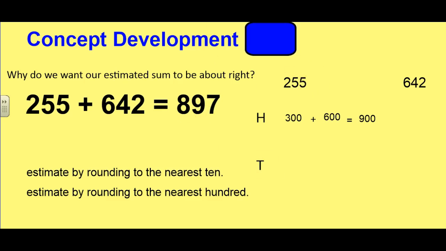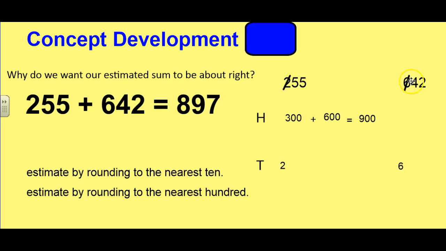When we're rounding to the nearest tens place, sometimes it's easier to take away the number in the hundreds place. You're still going to need the number in the hundreds place, but let's just look at the tens place. So 55, rounding that to the nearest 10, putting it with your 2 in the hundreds place, and then rounding 42 to the nearest 10 and putting that next to the 6 in your hundreds place.